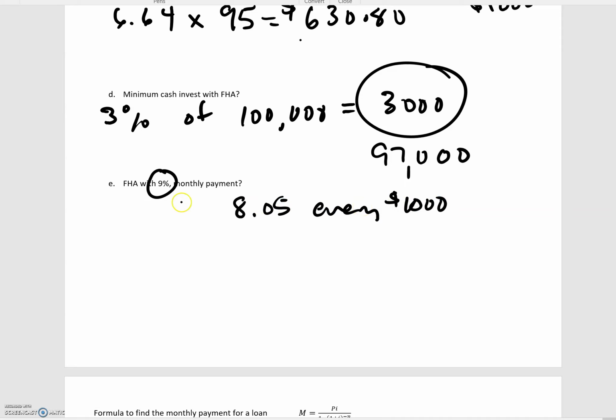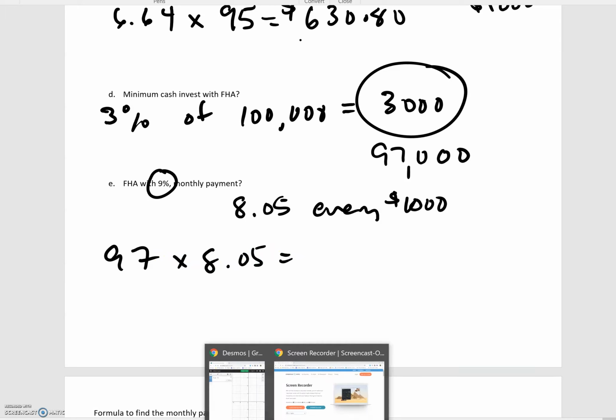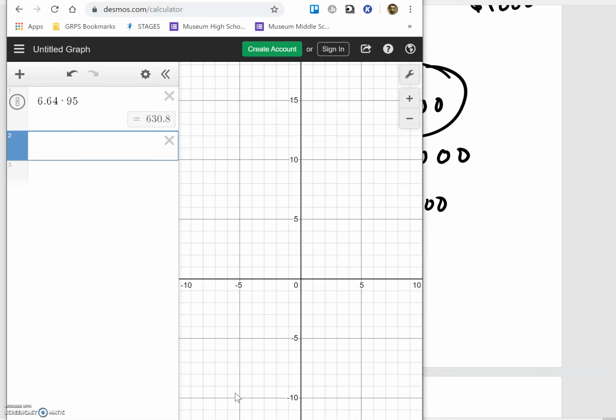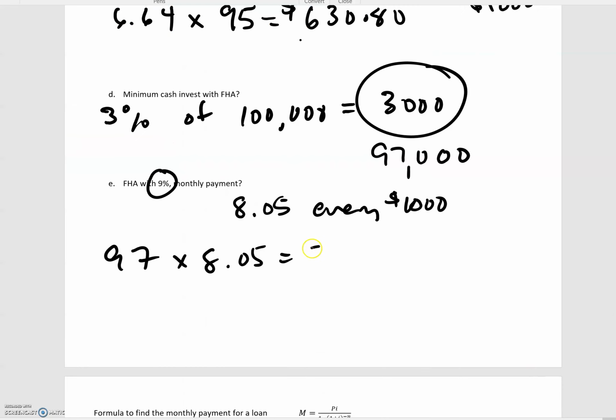So to figure out the monthly payment for this loan, you would do 97 times 8.05. So for this circumstance, we are looking at $780.85 for this mortgage. All right.